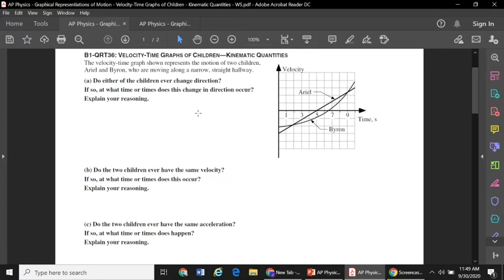Do either of the children ever change direction, is what they're asking you in part A. If so, at what time or times does the change in direction occur? B is asking you if the 2 kids ever have the same velocity. And C is asking you if the 2 kids ever have the same acceleration.